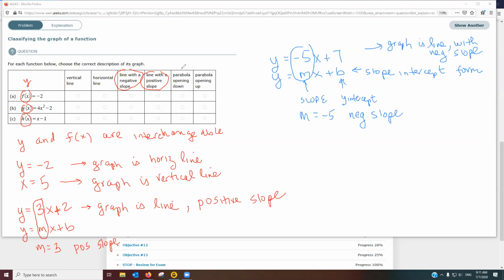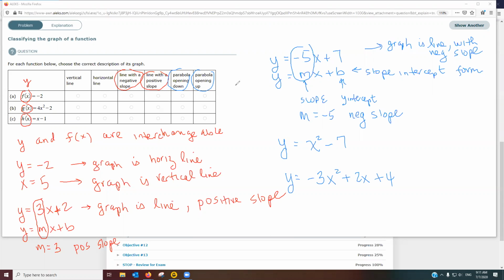All right, how about a parabola? Well, a parabola is an equation that has x squared in it. So like y equals x squared minus 7, or y equals negative 3x squared plus 2x plus 4, let's say.